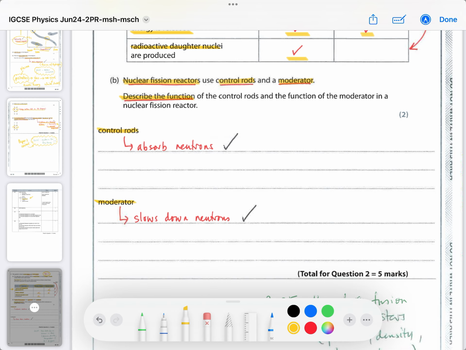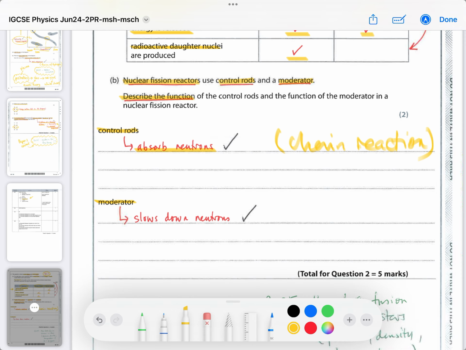So the main job of the control rod is to absorb neutrons, because if you have too many neutrons produced, they can create a chain reaction, yes, and that can be dangerous. If a chain reaction gets out of control, the energy produced could be too great, and you need to keep it from getting too high a temperature.